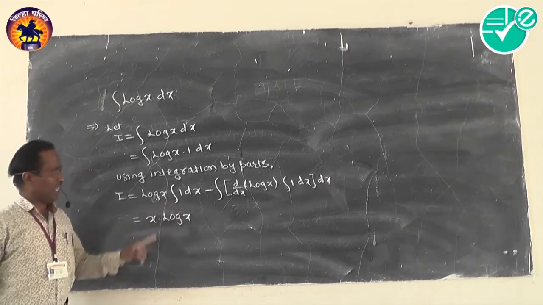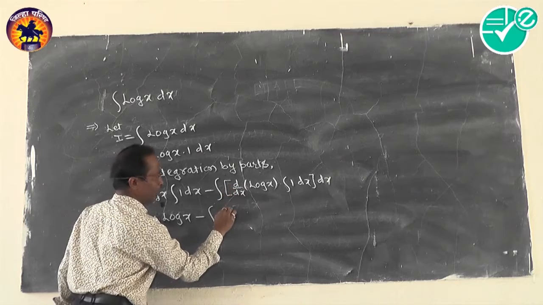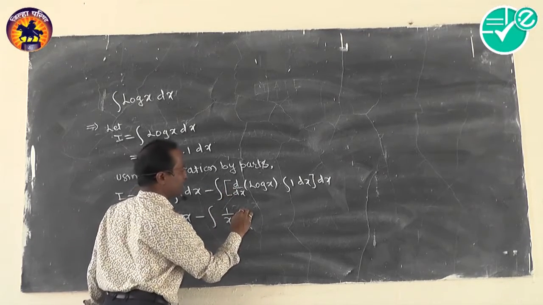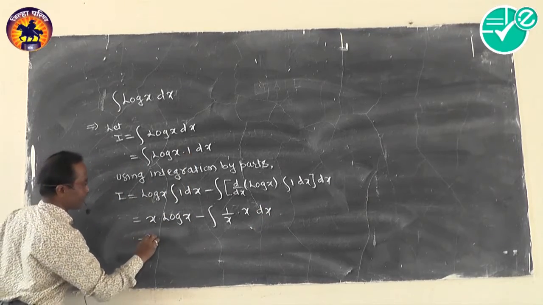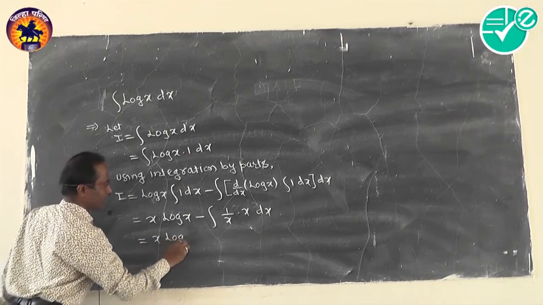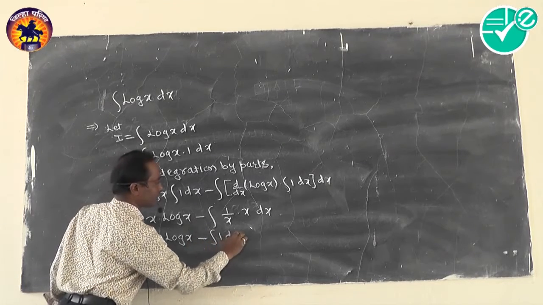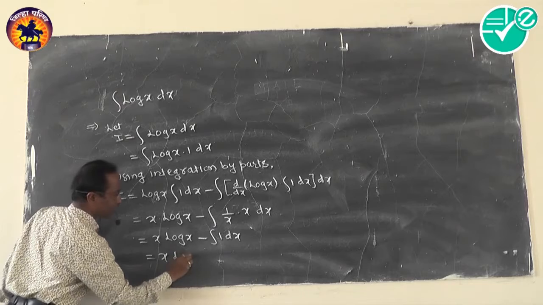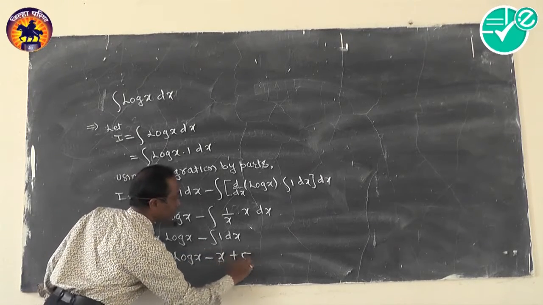Integral of 1 is x, so x into log x minus derivative of log x, which is 1 by x, into integral of 1 with respect to x, which is x. So we get x into log x minus integral of 1 dx. We get x into log x minus x plus c.